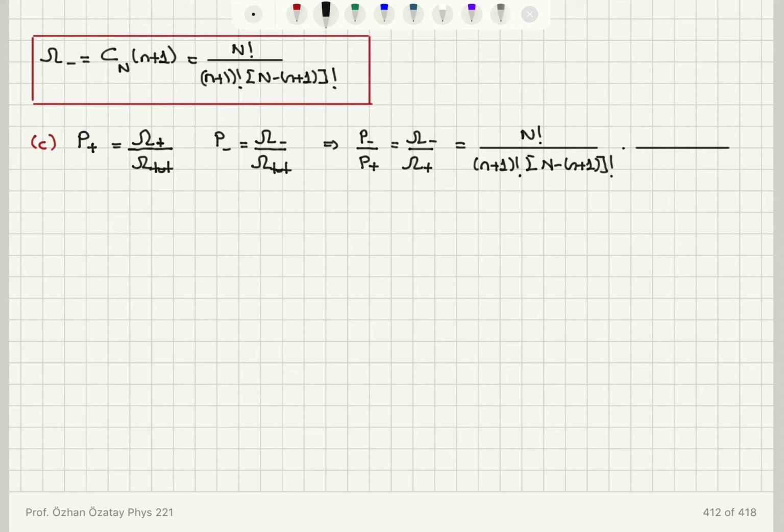Now it's inverse, so it's capital N factorial at the bottom, n factorial, capital N minus n factorial. So you can see that the capital N factorials will cancel.